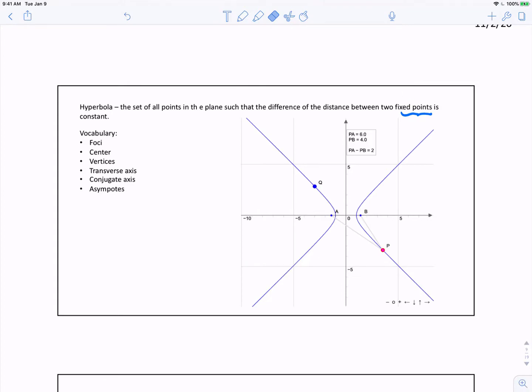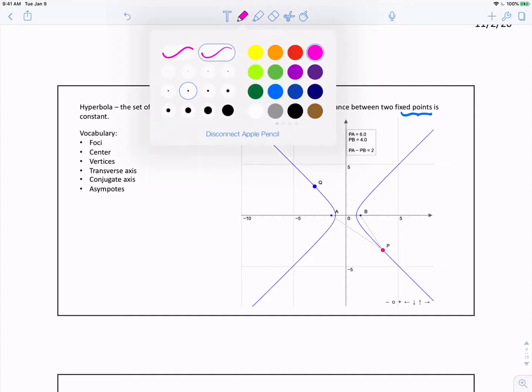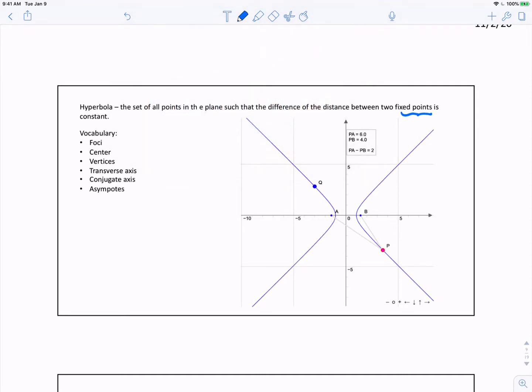All right, so we already talked about the two fixed points being the foci. The center, so this is the center of the hyperbola. The vertices are these points here on the hyperbola. A hyperbola has two axes, a transverse axis and a conjugate axis.